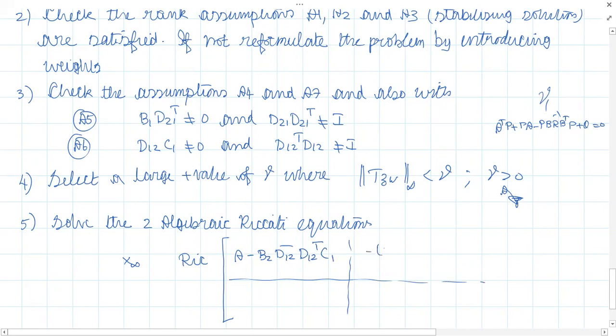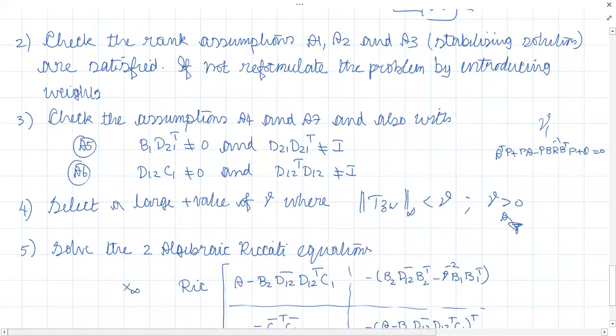Then the next term is minus B2 D12 bar B2 transpose minus gamma raised to minus 2 B1 transpose minus C1 bar transpose C1 bar, and minus A minus B2 D12 bar D12 transpose C1 whole transpose.